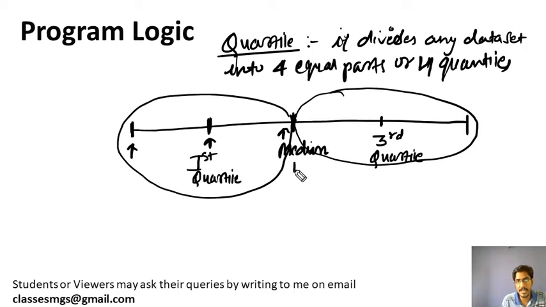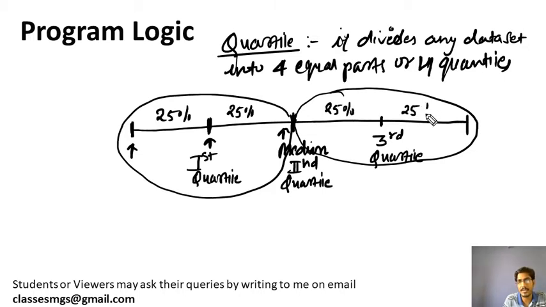The median is known as the second quartile, or quantile. Here the complete data set is divided into four parts: 25% part, 25% part, 25% part, and 25% part. So this is known as Q1, this is Q2, this is Q3.